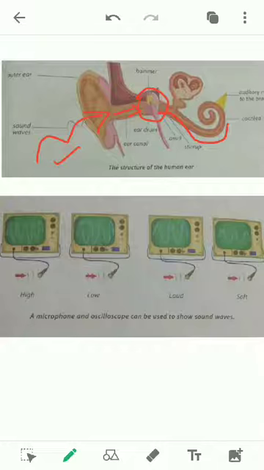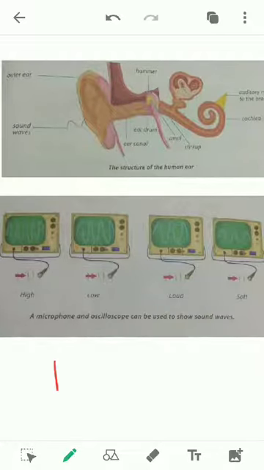These sound vibrations are ultimately converted into nerve impulses, and these nerve impulses travel through the auditory nerve to the brain. You already know the whole pathway, and you should revise this concept again. It is also mentioned in the book pages, so learn from there as well.